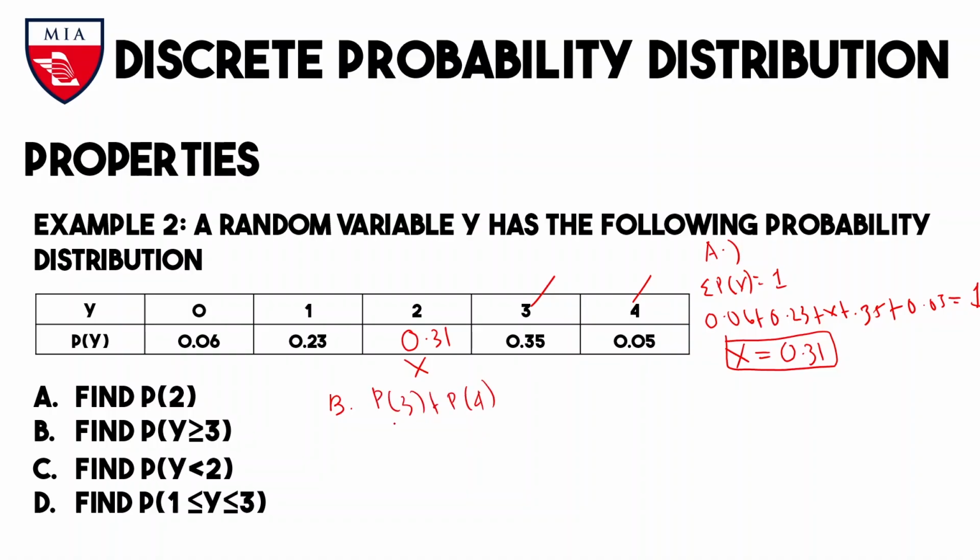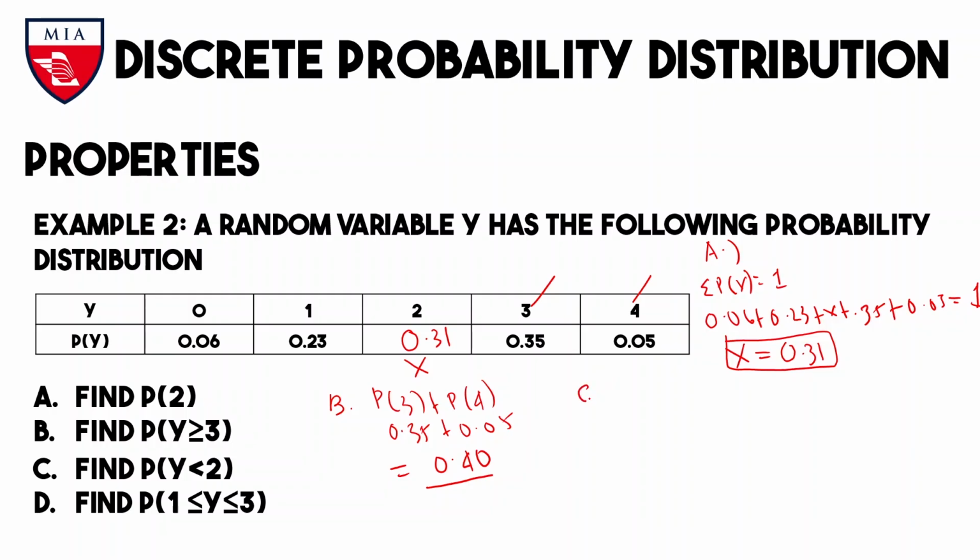The value of P3 is 0.35 plus 0.05. If we add the values, we have the total probability that y is greater than or equal to 3, which is 0.40. So for letter B, the probability that the value is greater than or equal to 3 is 0.4, because we add probability 3 and probability 4.